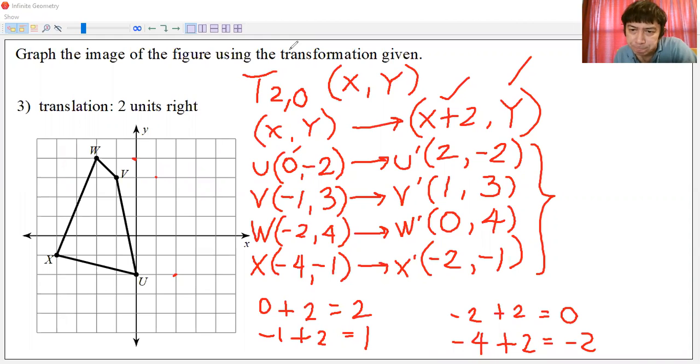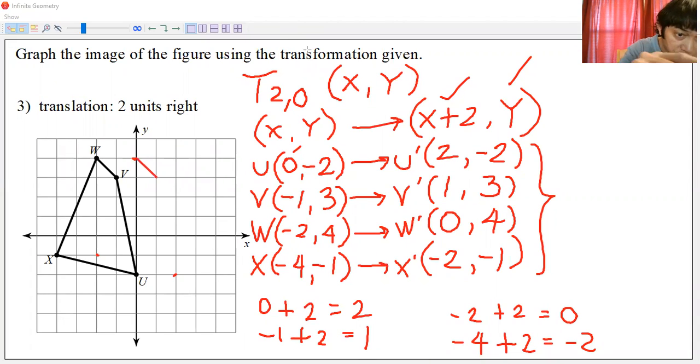And then the fourth and final point, (-2, -1). That must be in the third quadrant, somewhere here. Close enough. Now we have the 4 points. All we need to do is connect these 4 points using straight lines. So let me do that.